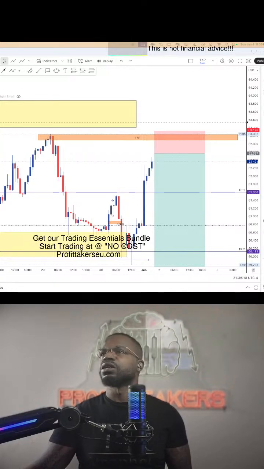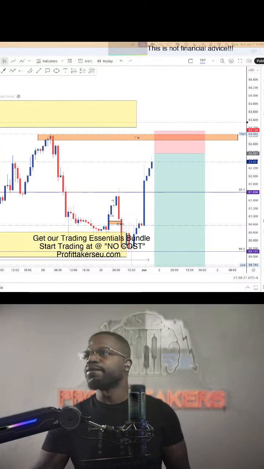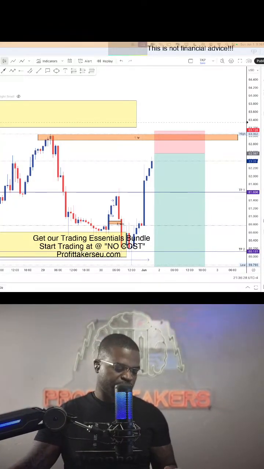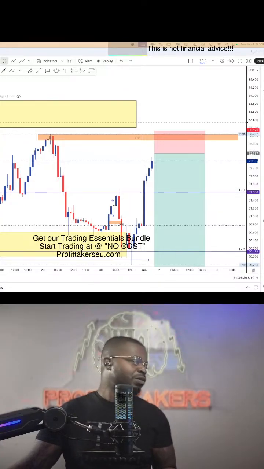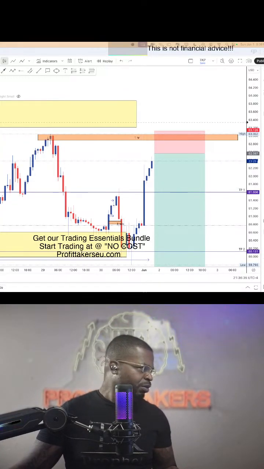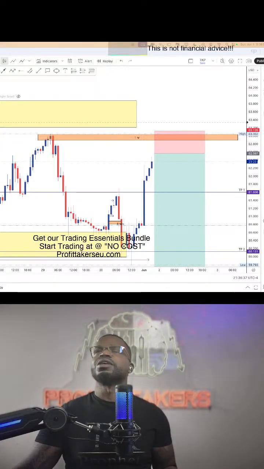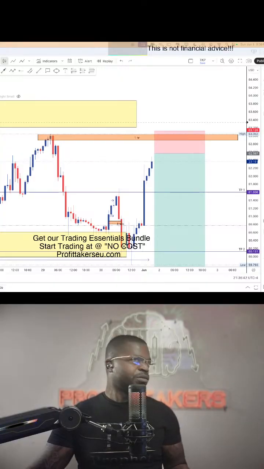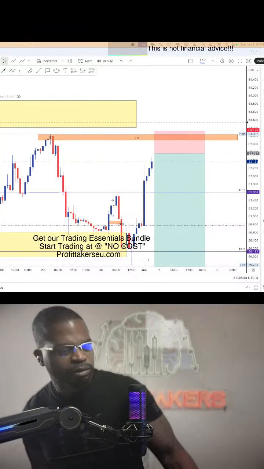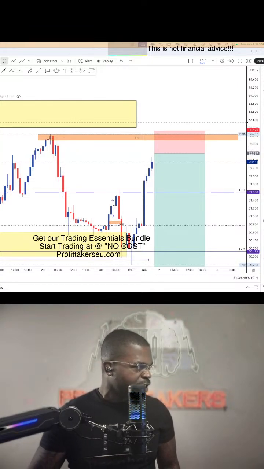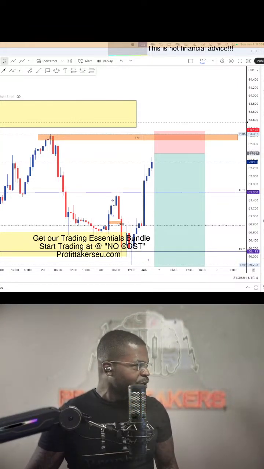Give me 1 second. The stop loss is 63.25. Let's see, the target is 58.04.